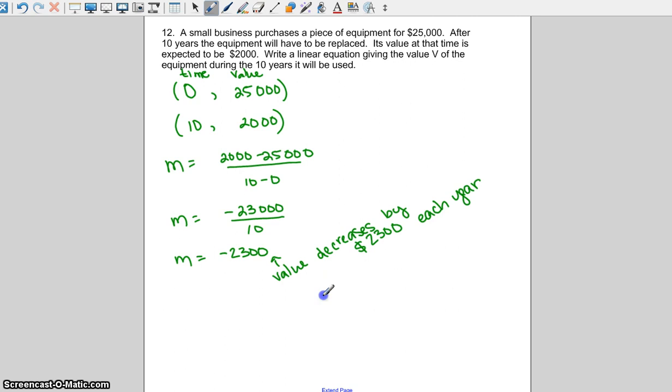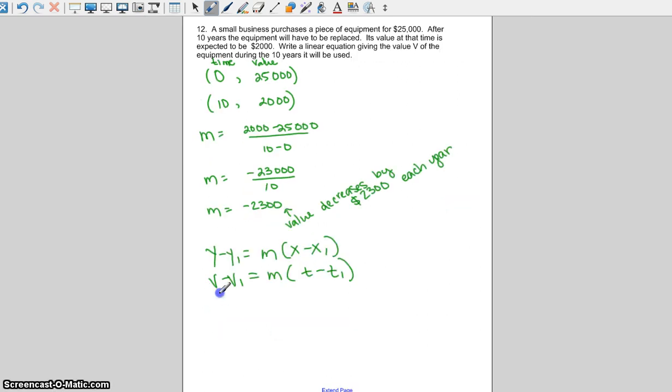Now, to write the equation, you can use either point for x1, y1. It doesn't matter. So I'm going to choose to use the first one with the 0. Y minus y1 equals m times x minus x1. Now, for our problem, the y's are the values. So this is really v minus v1 equals m times t minus t1, since we're doing value and time.